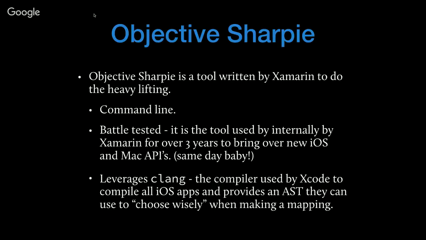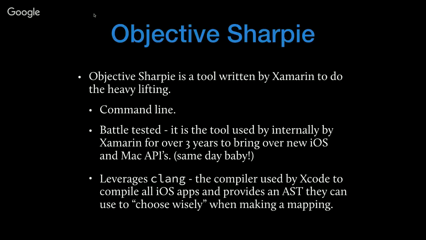Clang is the open source C and C++ compiler that Xcode uses behind the scenes, and it actually produces an AST like Roslyn does now for us in .NET. Objective-Sharpie can use that AST, look at what it's done, and make decisions on how to wrap things based on that.